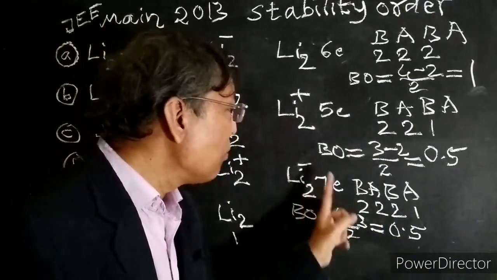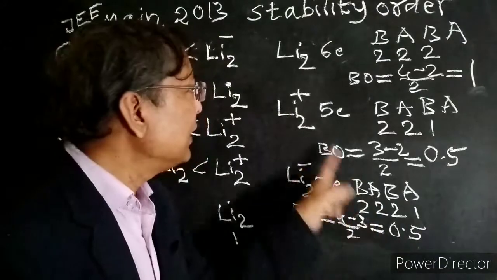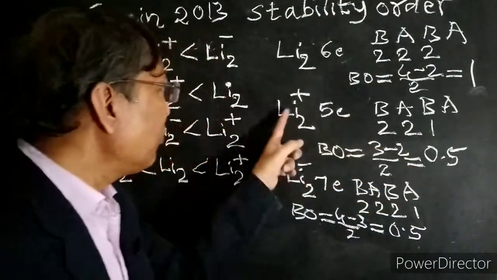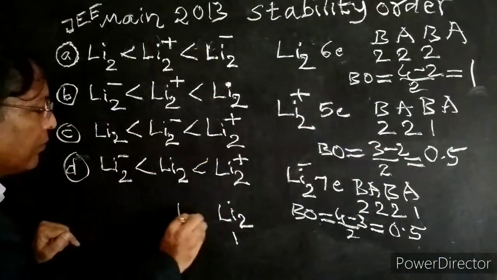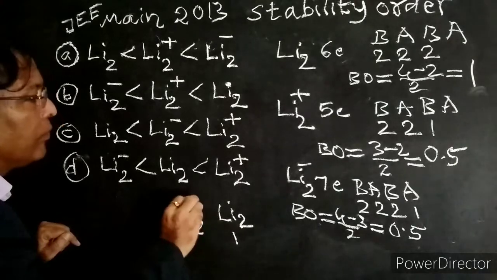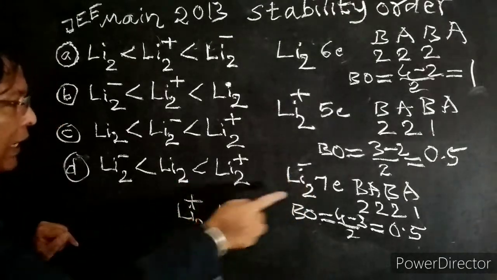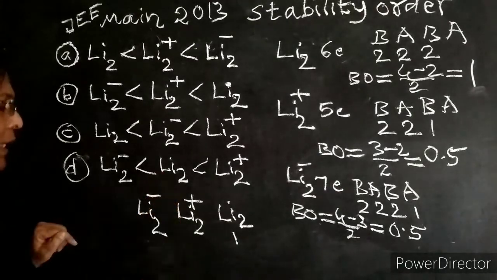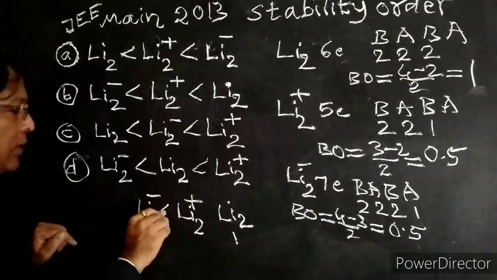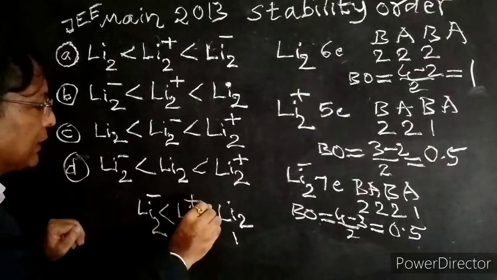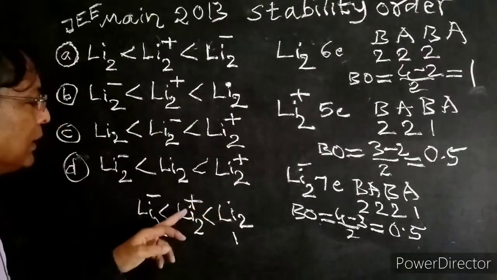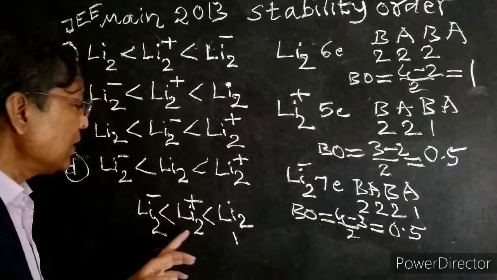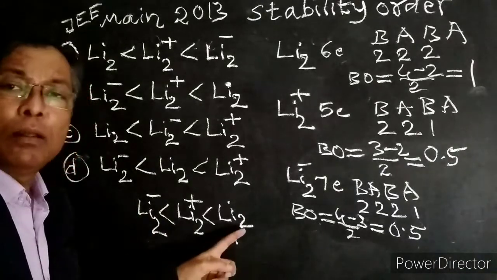Therefore, Li2- is less stable than Li2+. Therefore, Li2+ is more stable than Li2-.